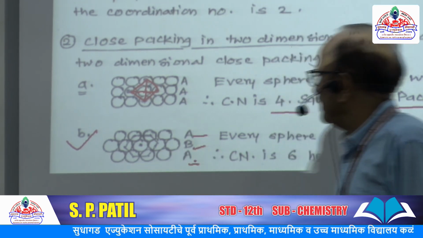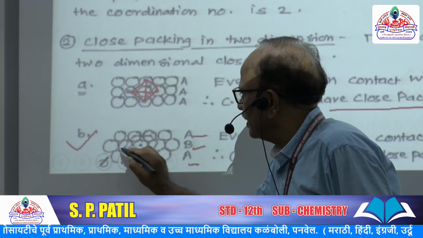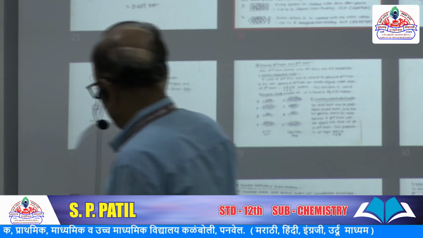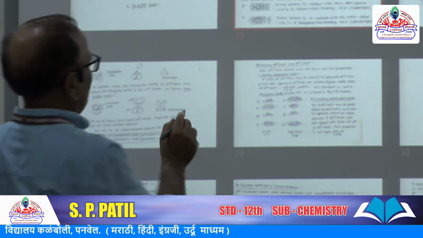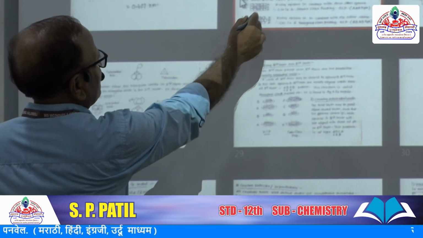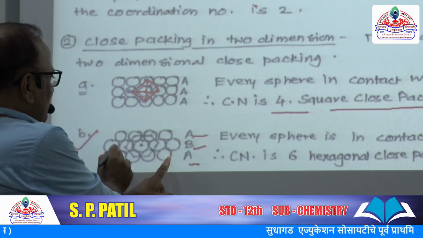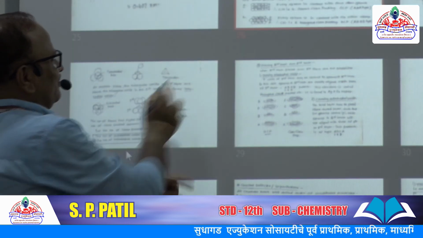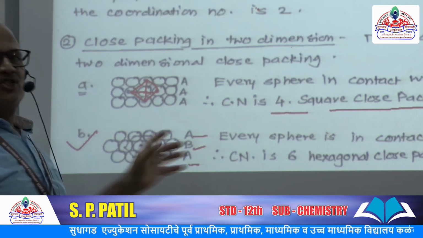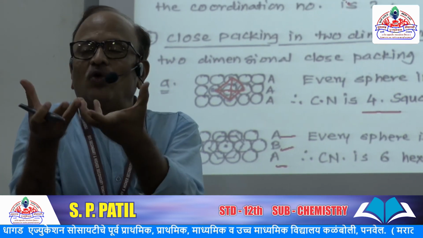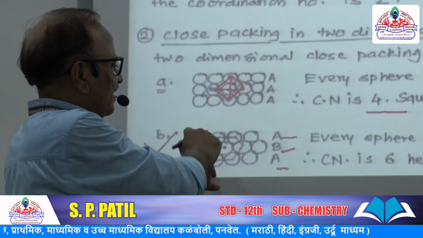This is A layer, and in the depressions of these two spheres, in that depression, the sphere of B layer comes.